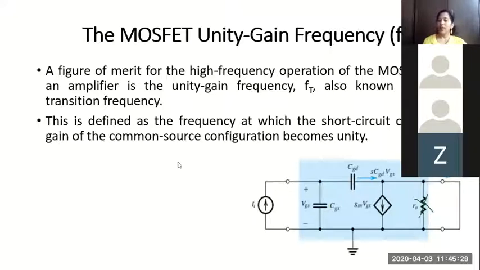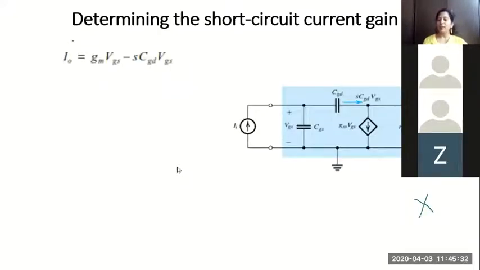Let's try to find how much that current is. How do I find the current IGD? The voltage drop across this CGD. What's the voltage at this end? At this end the voltage is the gate source voltage, VGS, correct? So here I have VGS.